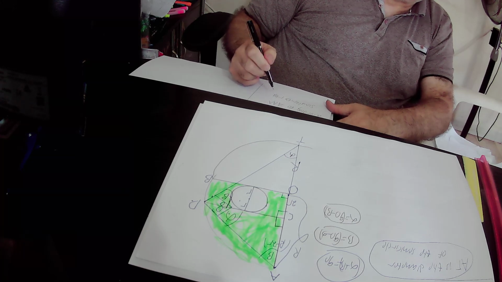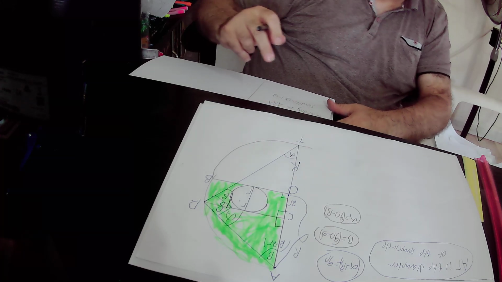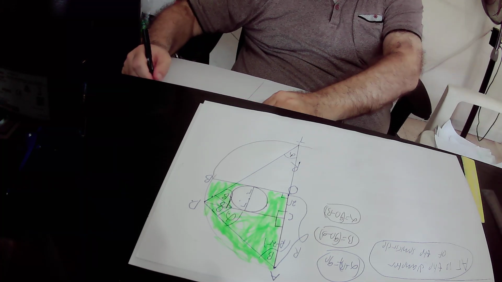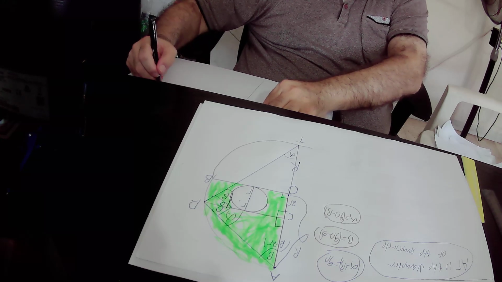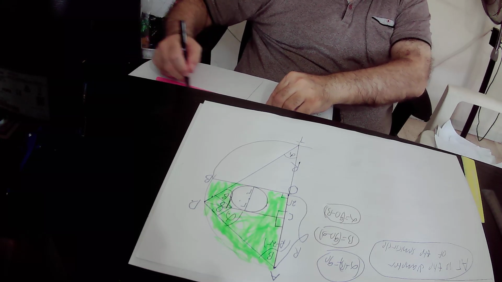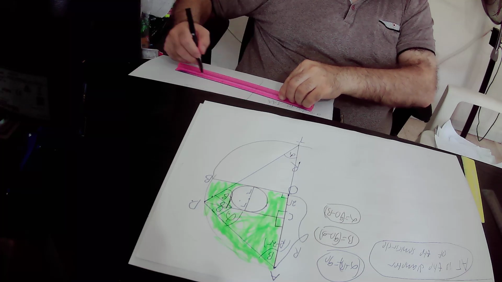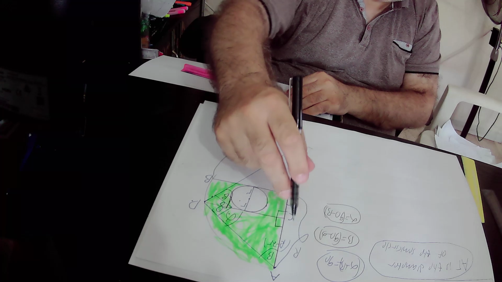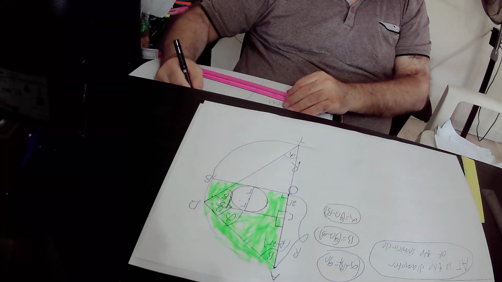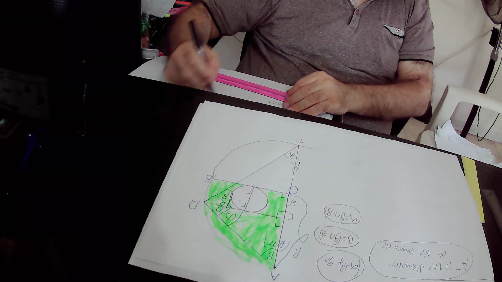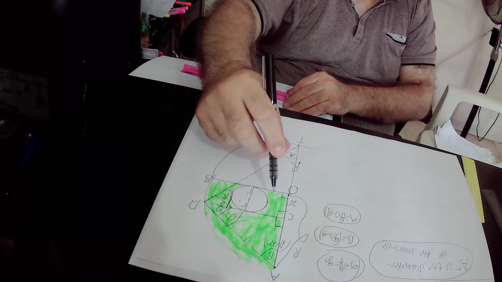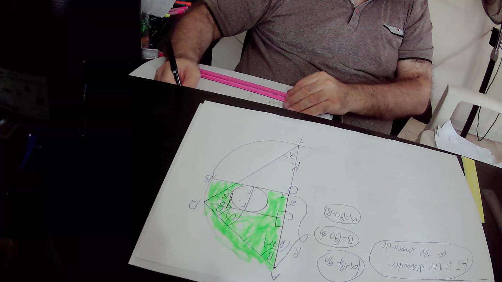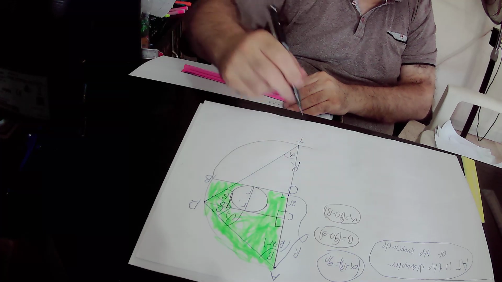And from the fact that those two right triangles are similar to each other, we derive that the following relationship exists between their sides. We will derive that AC in the right triangle ACD over CD in the right triangle CDT equals CD over CT.